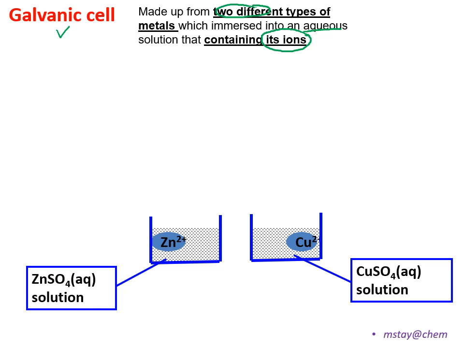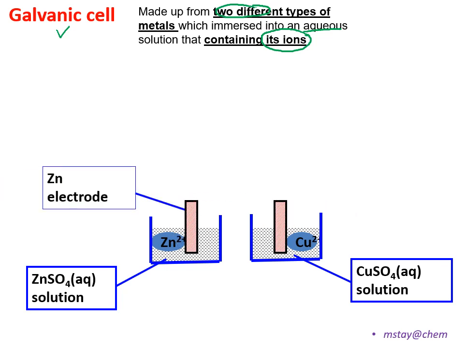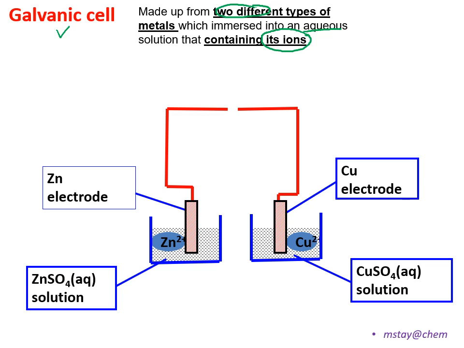For another beaker consisting of copper(II) sulfate, the electrode will be the copper electrode. The electrodes will be connected by a wire, which is also connected to the voltmeter.